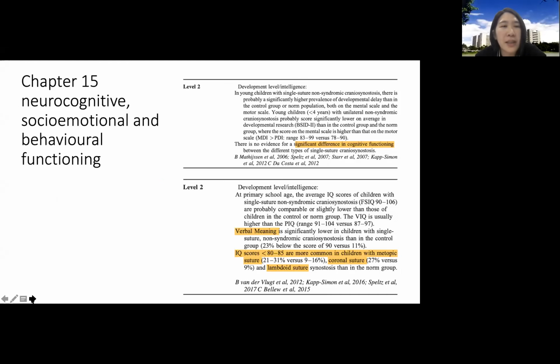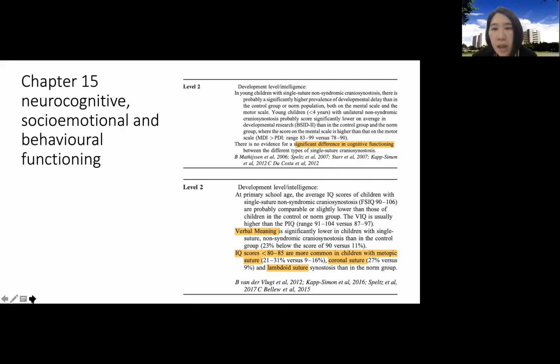Chapter 15 is neurocognitive, social, emotional, and behavioral functioning. For the developmental problem, they found that for single suture craniosynostosis, they probably have a significantly higher prevalence of developmental delay than in the control group.